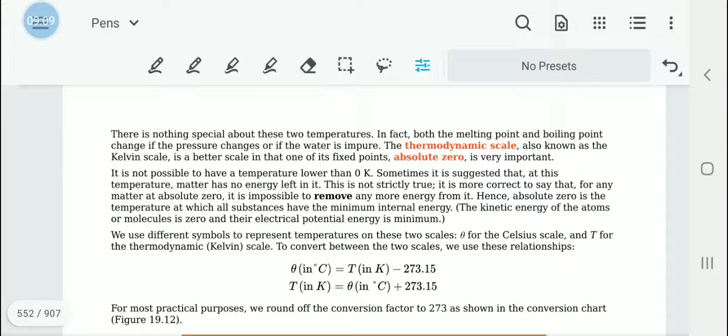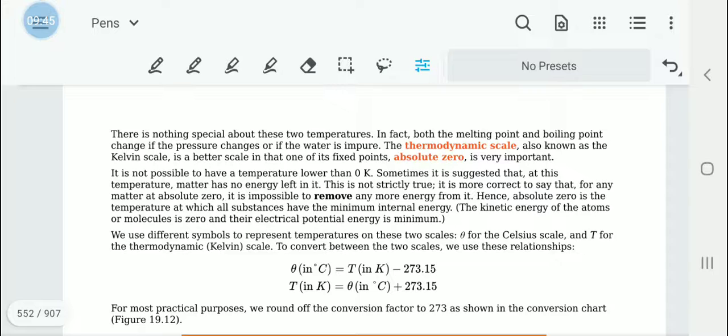The reason is, everything around us should have energy, because everything is made up of packets of energies. However, at 0 Kelvin, there is no way that energy can be removed from it. As a result, there is no thermal energy transferred in it. So that is the reason why we say that it almost looks like it doesn't have energy, right?